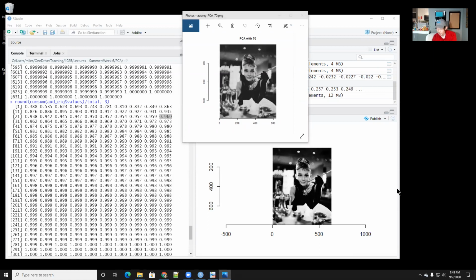Question: is there a general way to determine how many components we should use, or is it completely dependent on the data? You have to think in your head, how much of the variation do I need to capture? This exercise where I'm doing principal components with an image is a little silly, because this is not how we do it in real life.